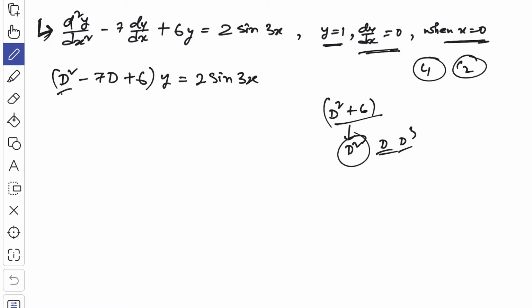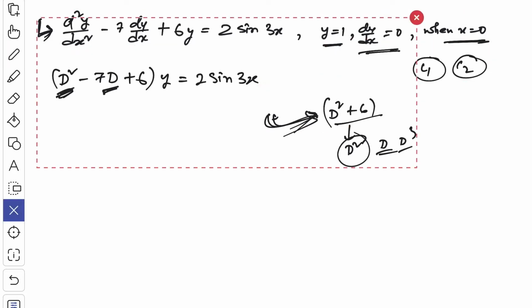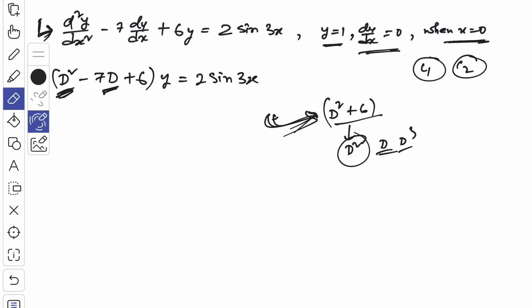Here it contains D square and also D. It contains D as well as D square. That's why it will be different from the first one. The way we find the PI will differ from this; it is not as simple. Now let me show you how to find it in this case.